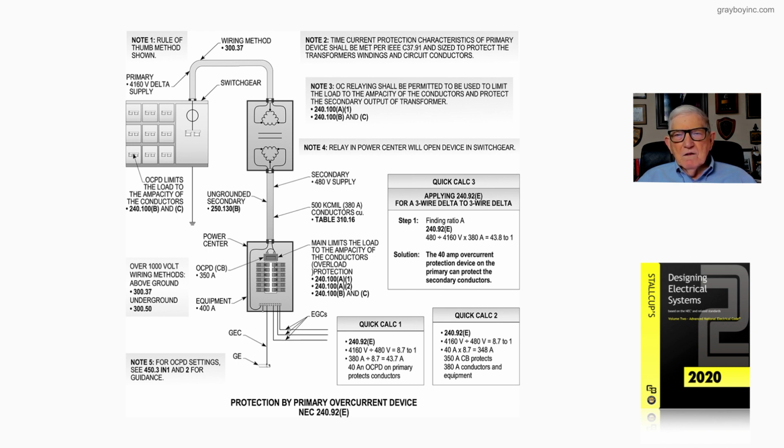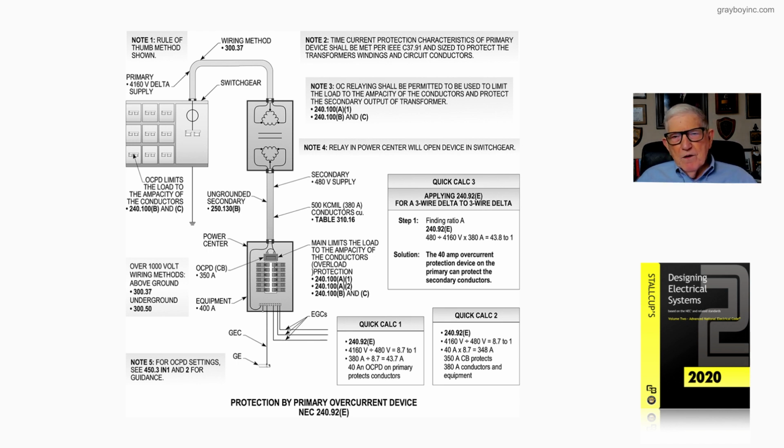Now, looking at Quick Calc 3, we're applying 240.92(E) for a 3-wire delta to a 3-wire delta. Step 1, 240.92(E), we're finding the ratio amp. So we would take 480 divided by 4160 times 380, and that would give us 43.8 to 1.